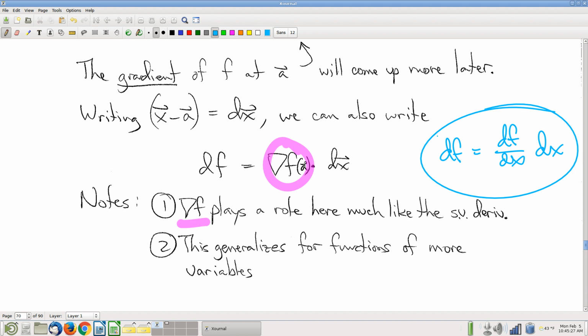And notice here that the derivative and the gradient are playing analogous roles. In both cases, single variable derivative and gradient, these are the things that you multiply by input changes to get output changes. Now, to be fair, it's a dot product in this case. It's a little different. Well, it's a different world.